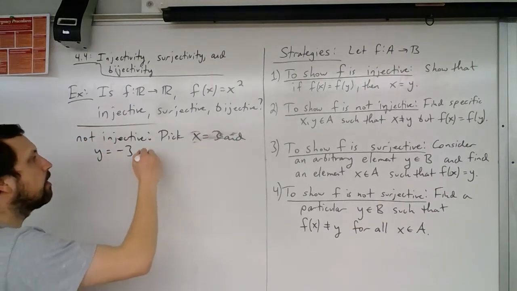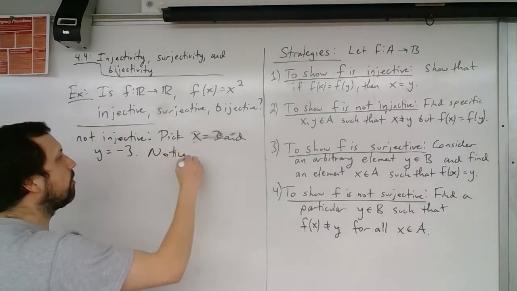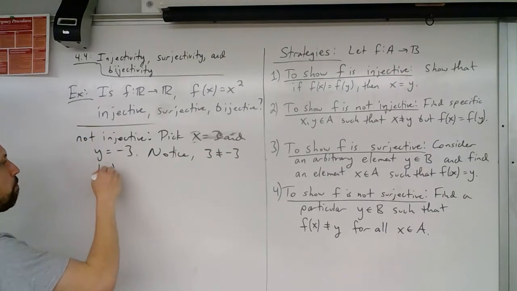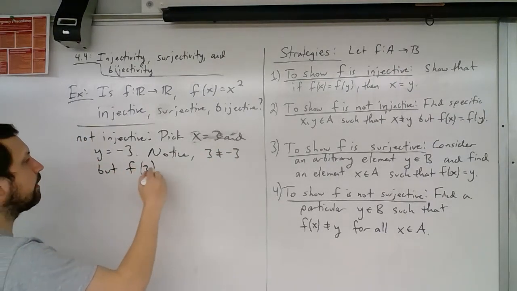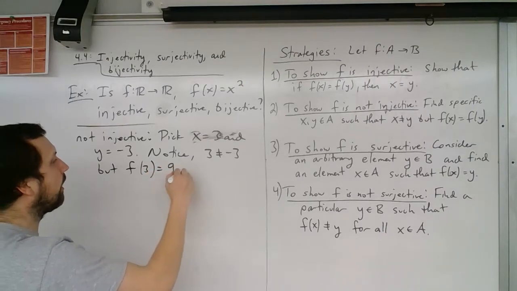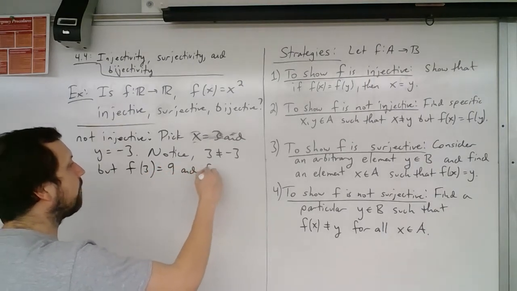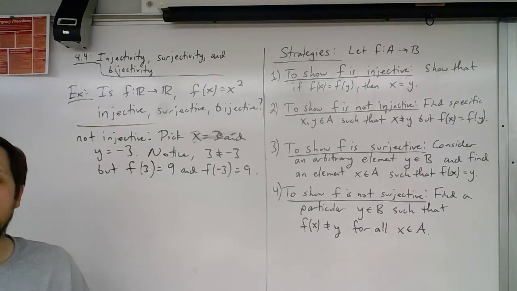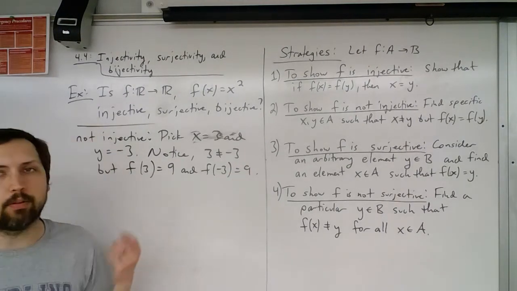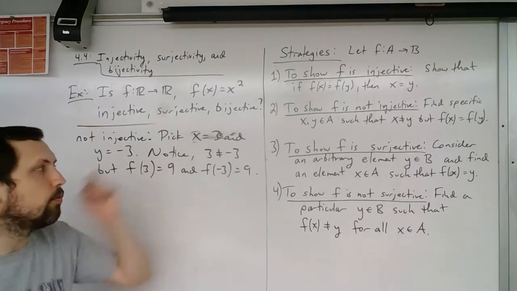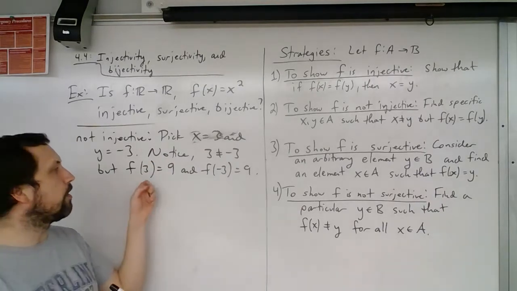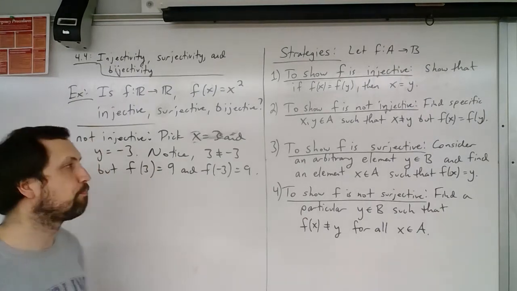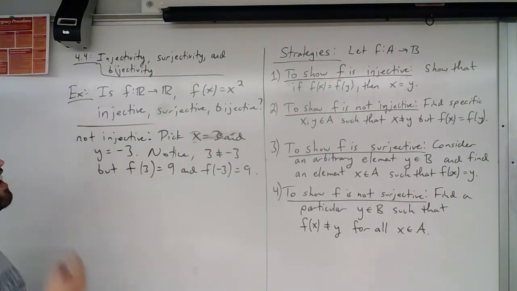Here, notice 3 does not equal -3, but f of 3 is equal to 9, and f of -3 is equal to 9. So we show that there are two numbers that are not equal. You probably don't even have to do this most of the time, but showing that the function values are identical is an important step. Okay, so that is not injective.